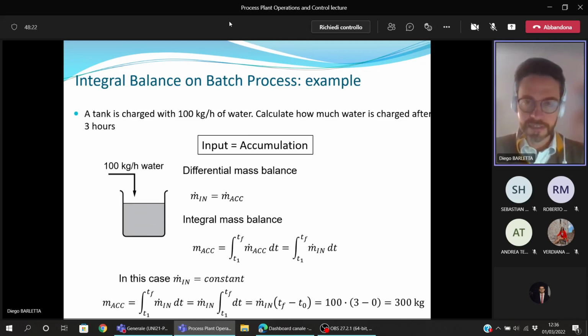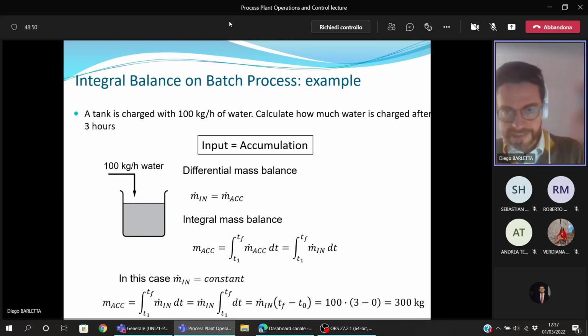We don't have consumption. So we have only that input is equal to accumulation. So, of course, we could write this in terms of differential mass balance as m dot in is equal to m dot acc, standing for accumulation.